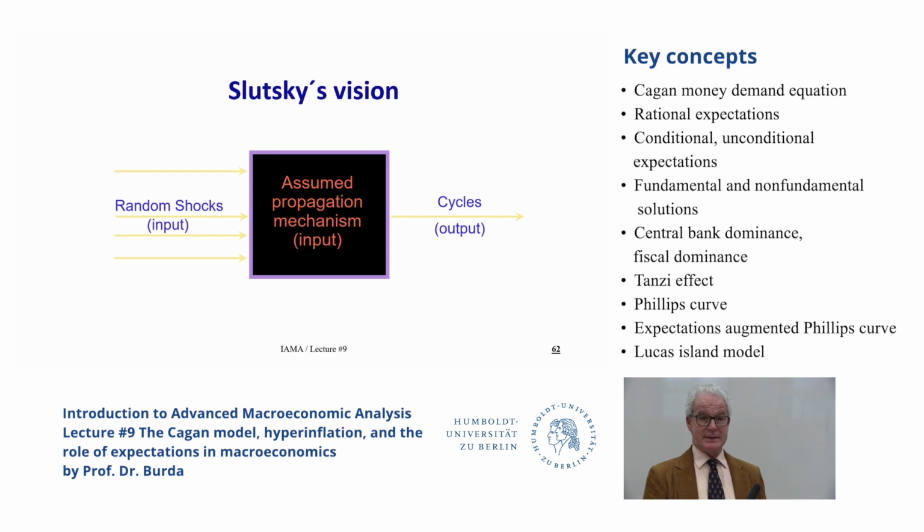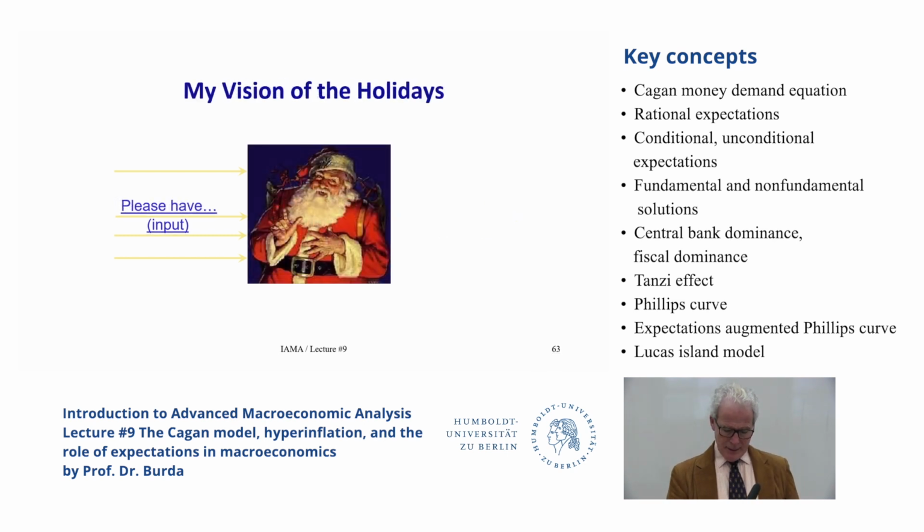So this is what I call Slutsky's vision. It's basically the idea that that's enough to generate a business cycle. These types of unanticipated shocks that get propagated over time through the economic theory. So my vision of Slutsky, here's my vision of the holidays.